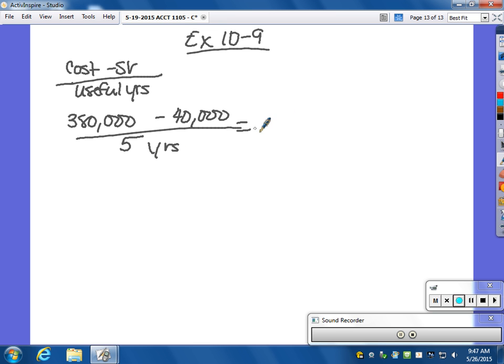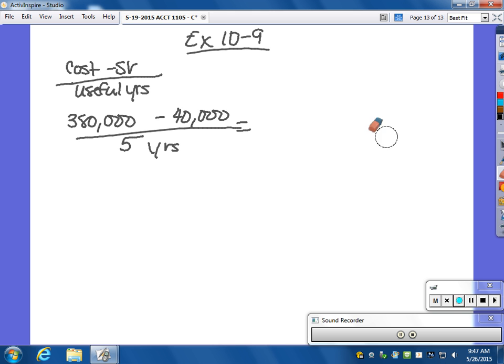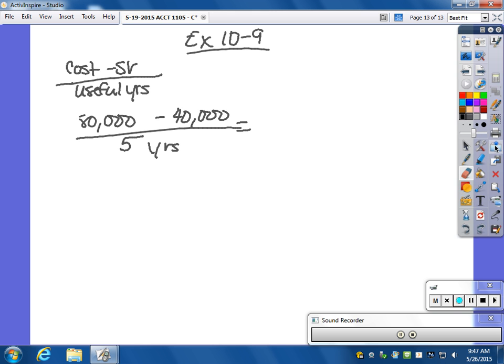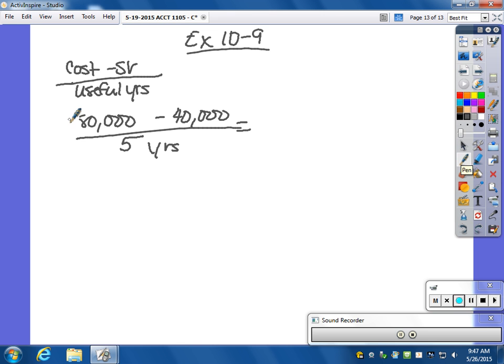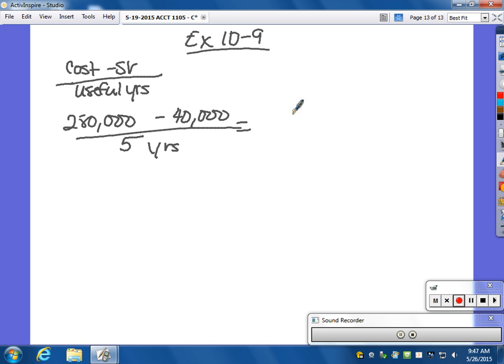What's the amount of depreciation? It's 280,000. Who said 380? 280 minus 40,000 divided by 5 years. What's the depreciation? 48,000 per year, right?